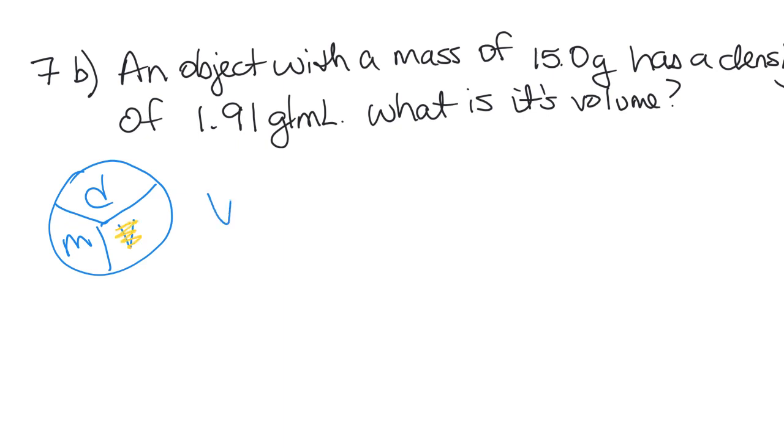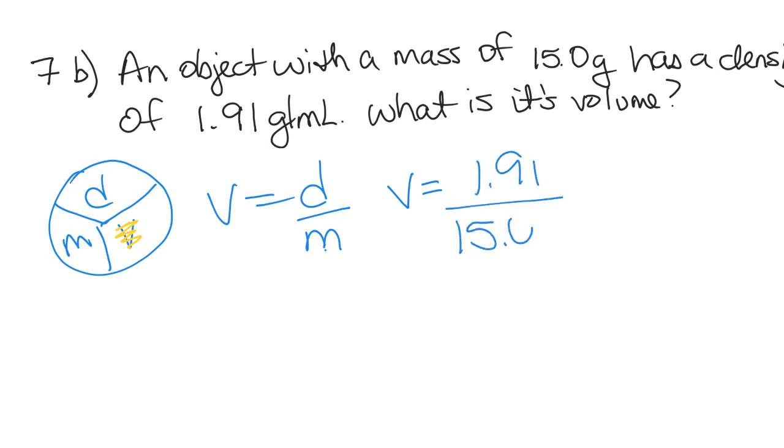So volume is mass divided by density. The mass is 15.0 grams and the density is 1.91 grams per mL. So we're going to take our calculator and do 15 divided by 1.91.